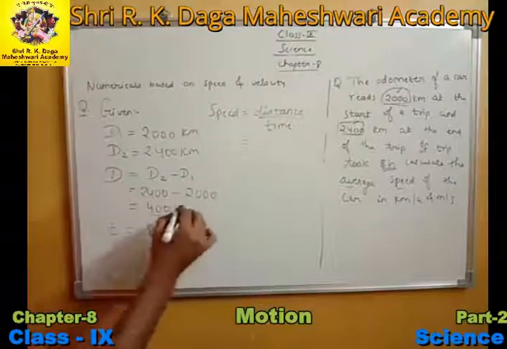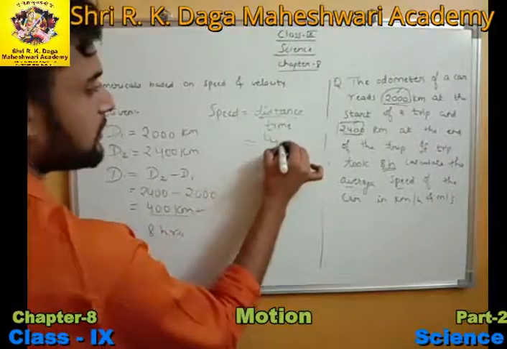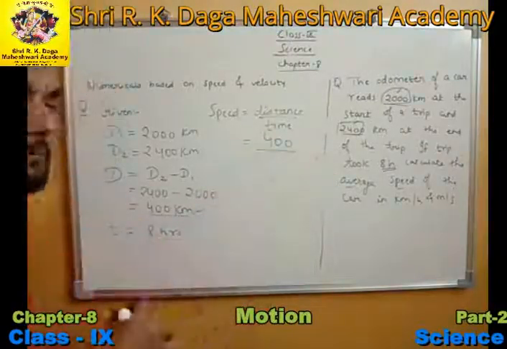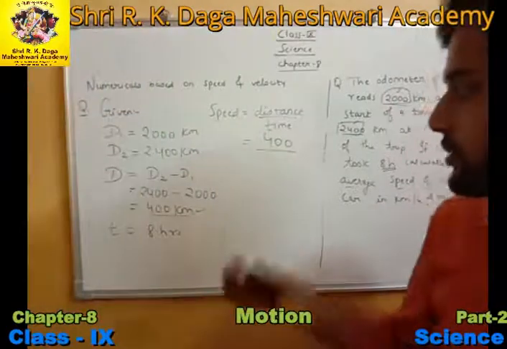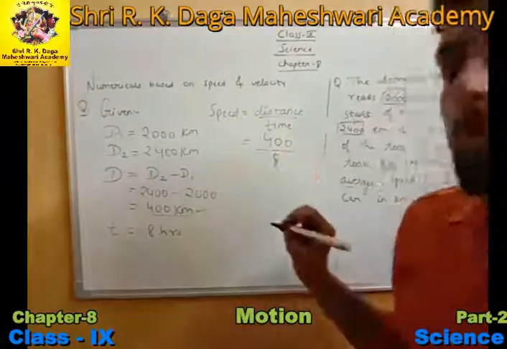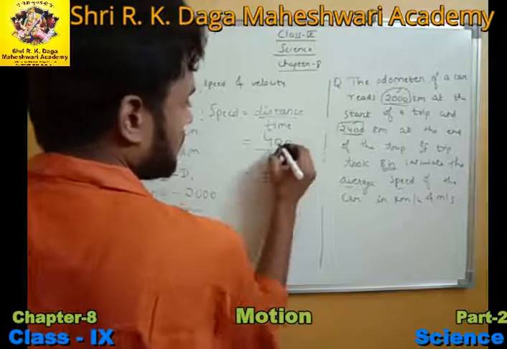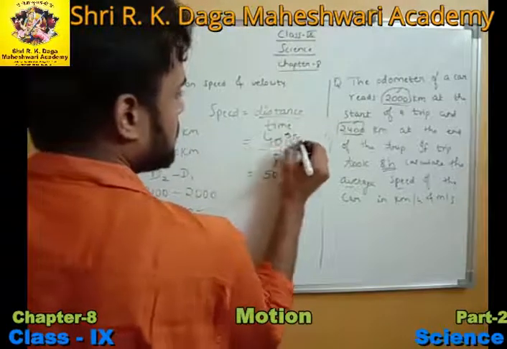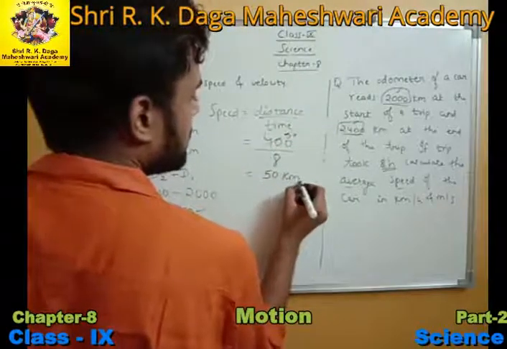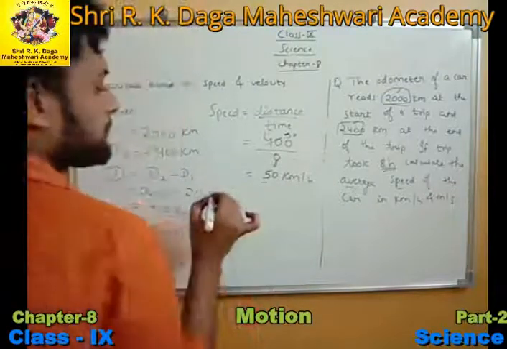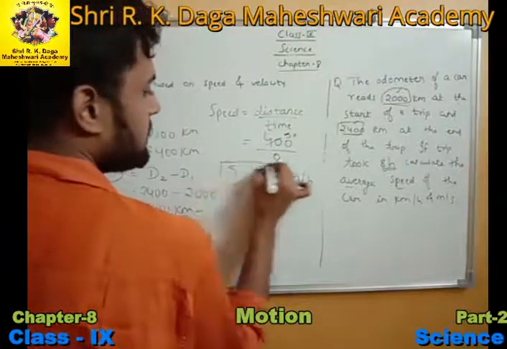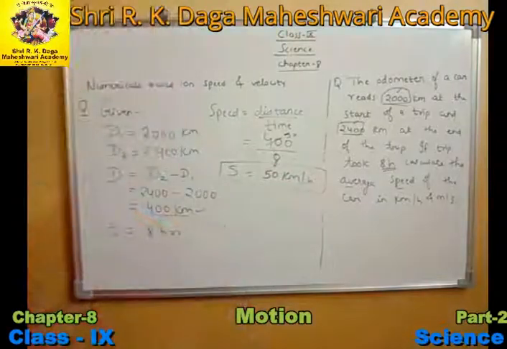The distance traveled is 400 kilometer, and the time taken is 8 hours. So 8 5s are 40. It will be 50 kilometer per hour. So the speed will be 50 kilometer per hour.